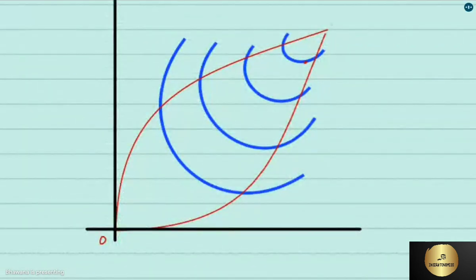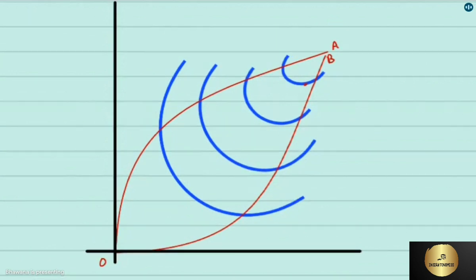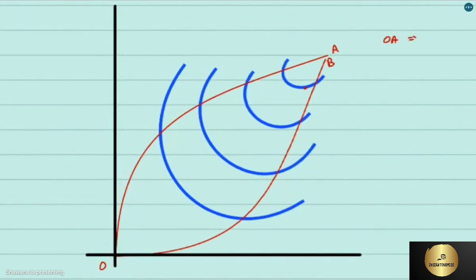This OA and OB are two ridge lines. So these are points A, B, C, D, A dash, B dash, C dash, D dash.